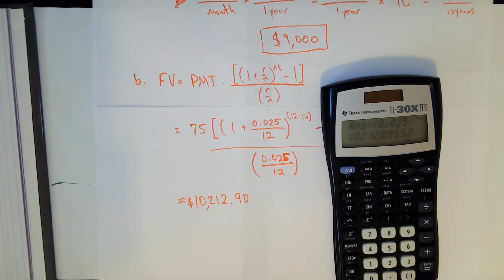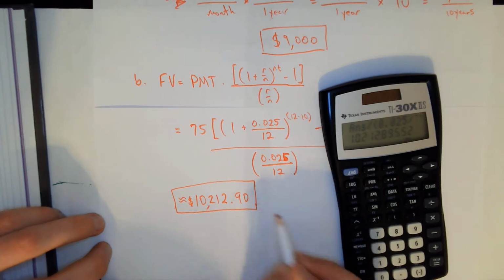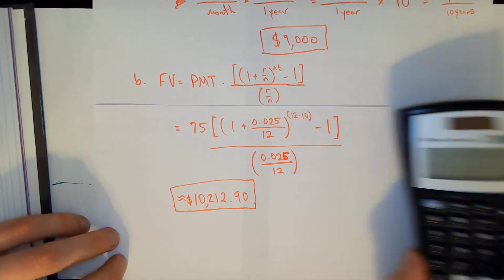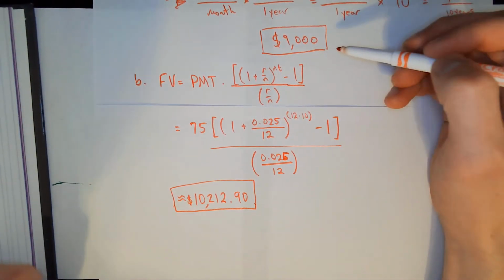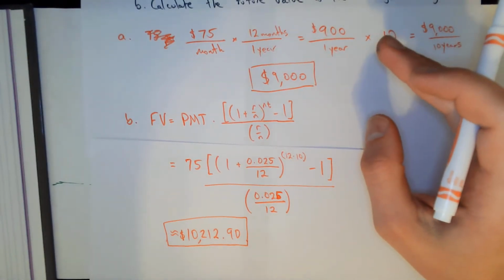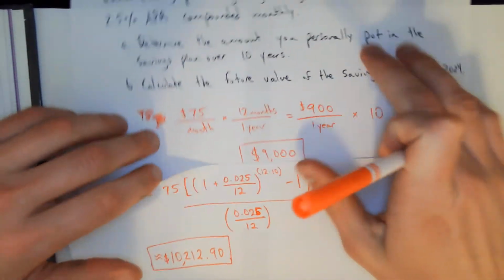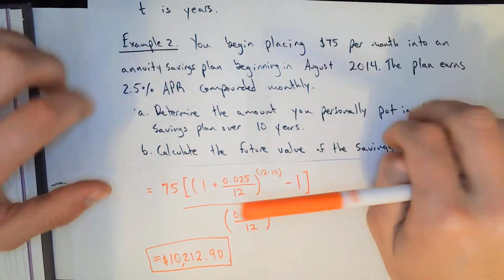And this is over the course of 10 years. And you may say, oh my goodness, that's a lot, that's great, but how much did you put into the account? In the example in the textbook, it's a guy putting this money into the account, but I framed it as you begin placing this much into the account.